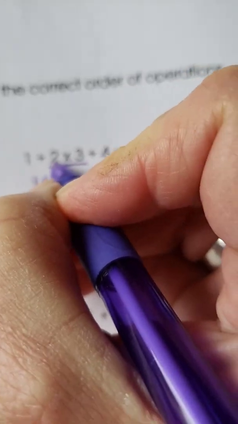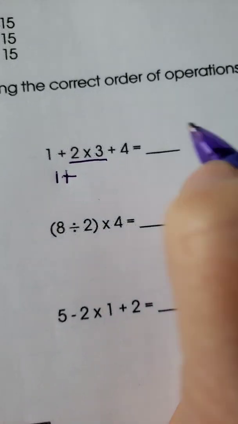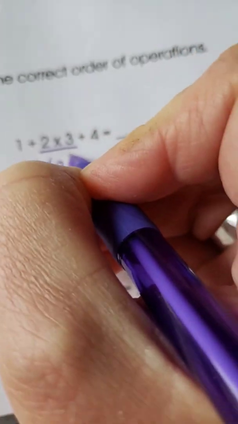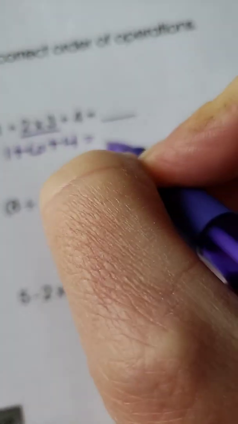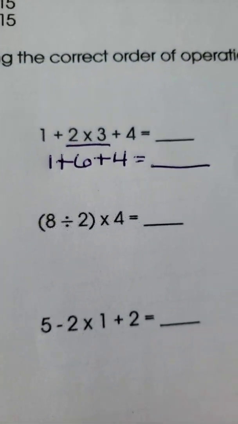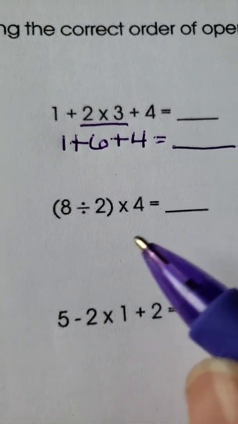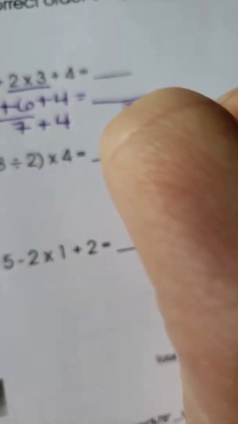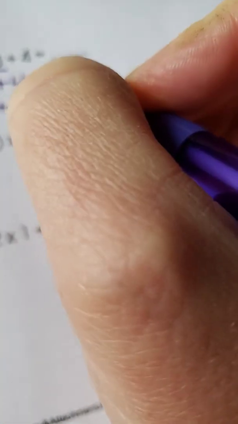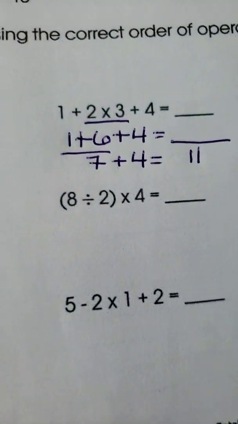Plus, I'm going to solve what I underlined. 2 times 3 is 6. And then I'm going to write the plus 4 because I haven't done anything with it yet. The next part of the question is all addition, so I can do it in 2 parts. 1 plus 6 is 7 plus 4. And that's going to be equal to 11.